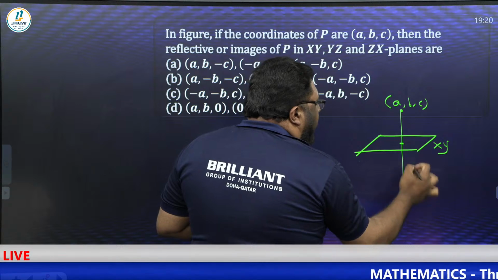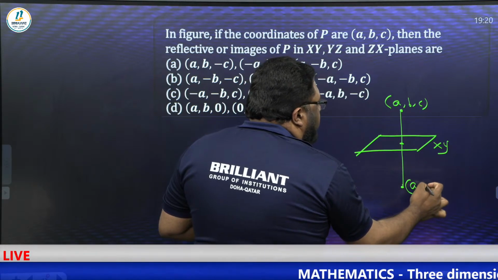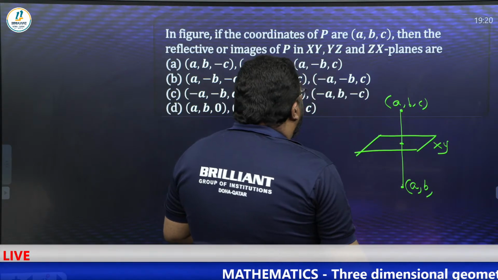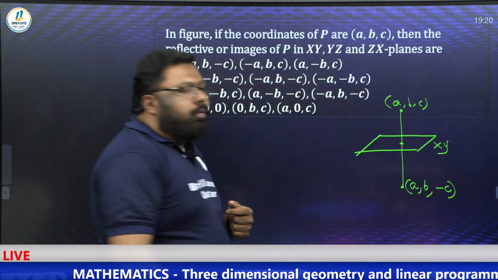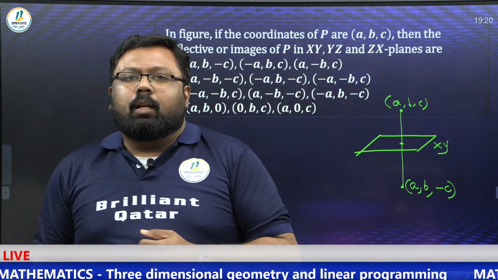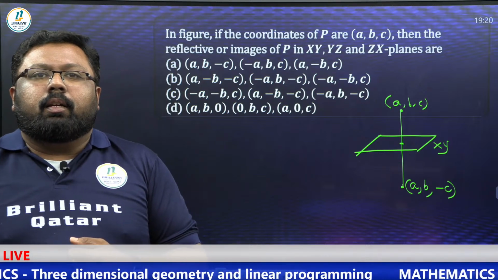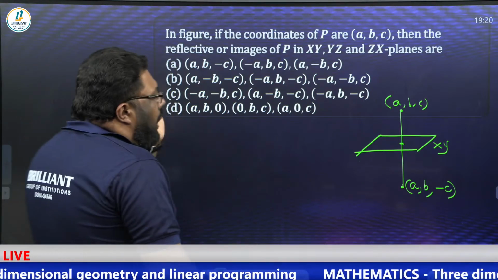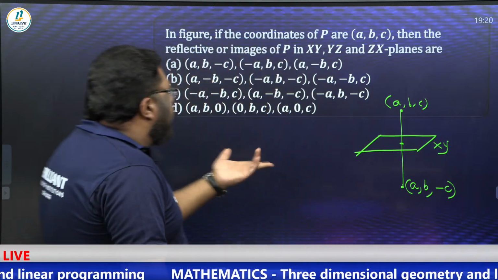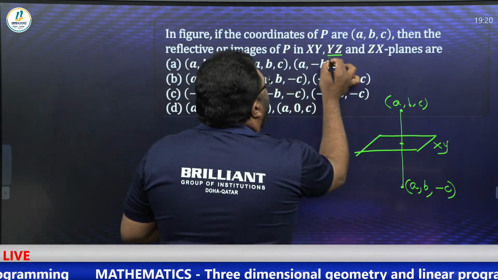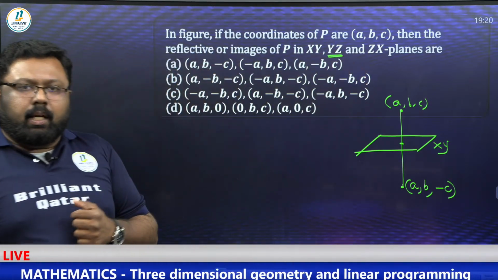The reflection will have no change in X, no change in Y. But what will happen to Z? It changes, right? Yes. So A, B, minus C. If that logic is followed, what is the reflection made by YZ?